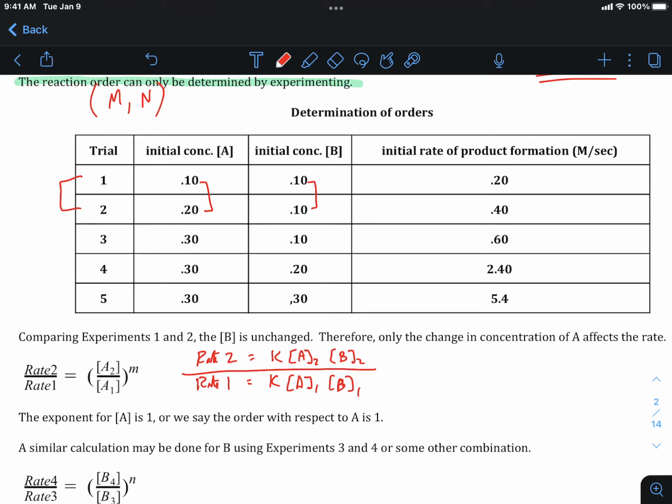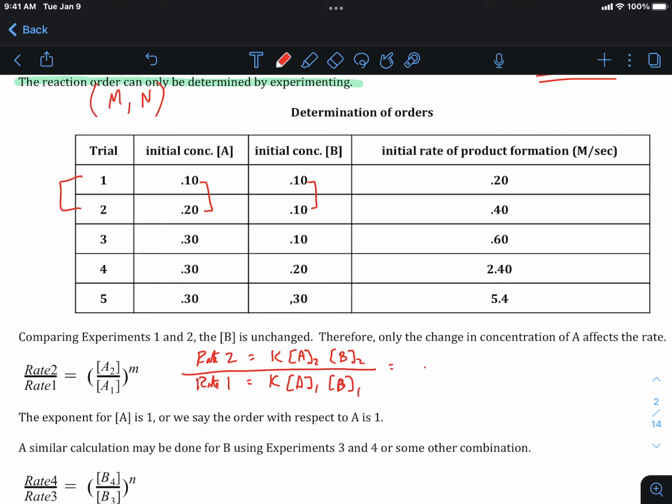So first, do you see how I wrote out the rate law in the format that I showed you earlier? I did it for each trial. Rate 2 is trial 2. Rate 1 is trial 1. And I take these two. What I'm doing is taking a ratio of them, a ratio of rate 2 over rate 1.